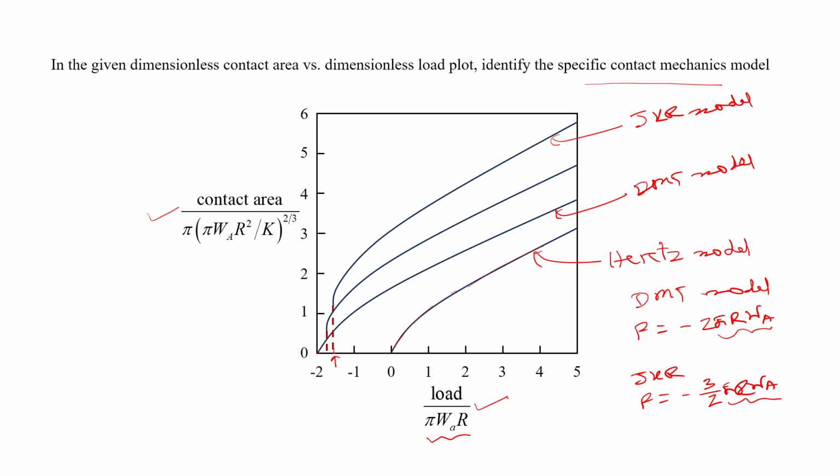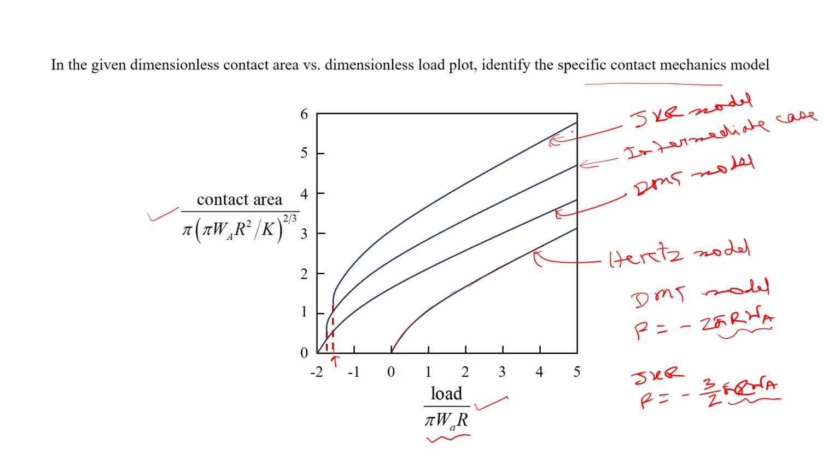And what is then in between, this intermediate one? Now, this is the intermediate case, and that is the issue here. This Tabor's parameter helps us in identifying whether the DMT model should be applied or the JKR model should be applied, but it does not say what to do if both the models are not applicable, if the situation is an intermediate case like this, right.